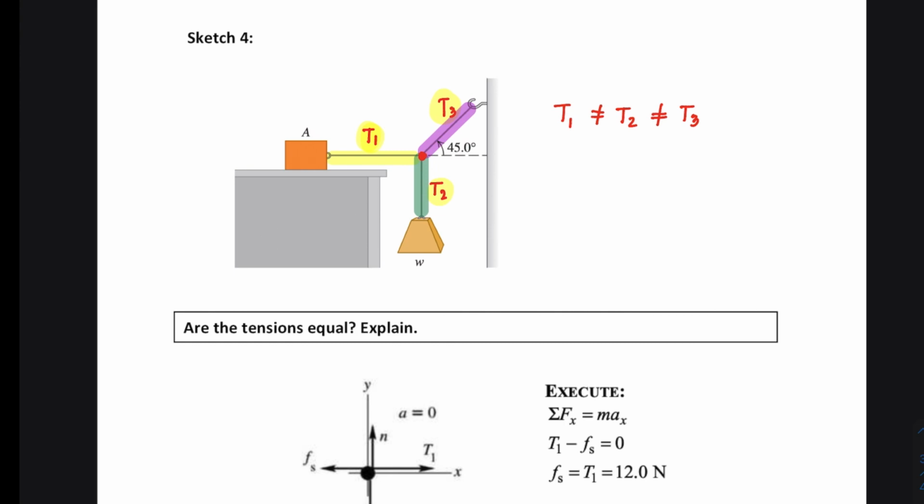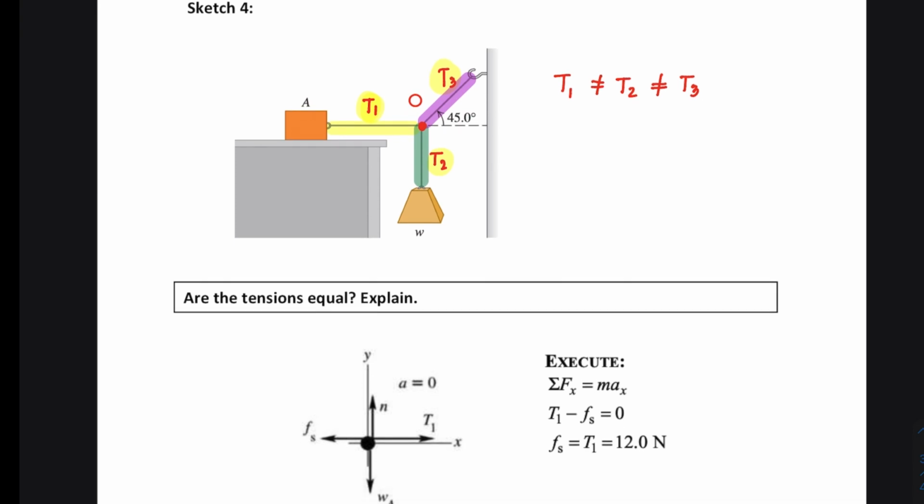This point here, let's call that point O. So as you can see there, the tensions clearly are different because we have different ropes in this case and they are not connected continuously either. They are just connected at a specific point which we indicated as O.